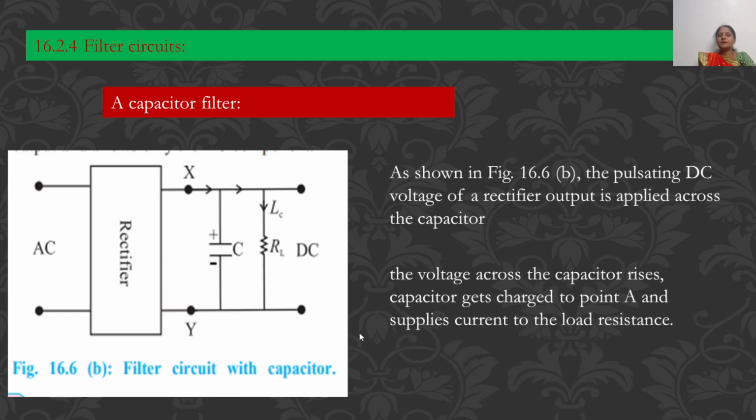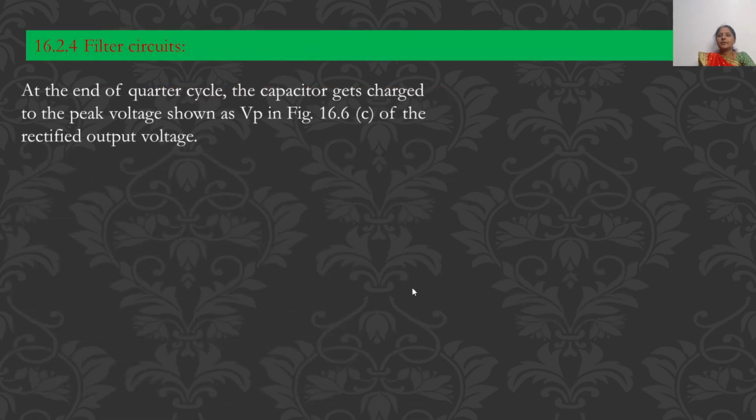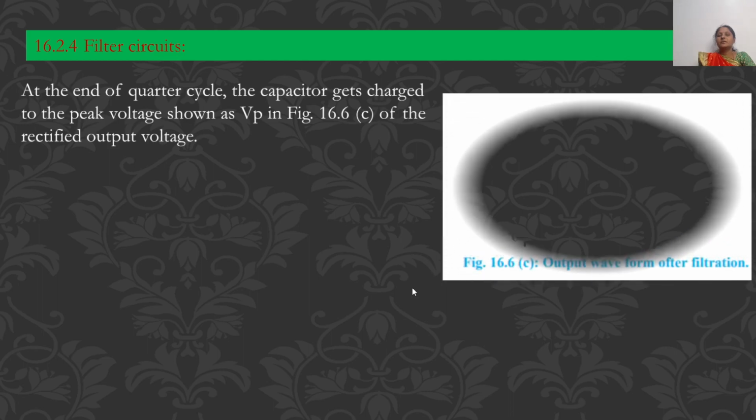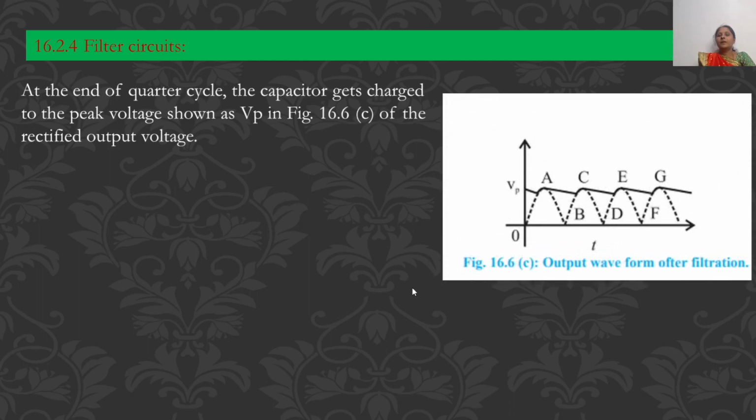The capacitor gets charged at point A and supplies current to the load resistance. At the end of the quarter cycle, the capacitor is charged to the peak value, shown as Vp in figure C of the rectifier output voltage.